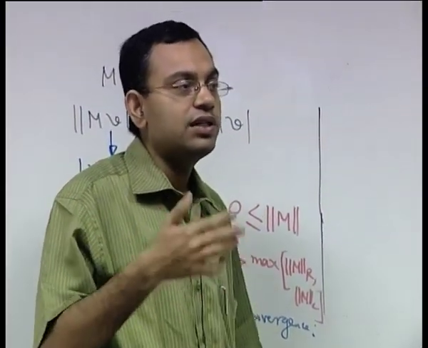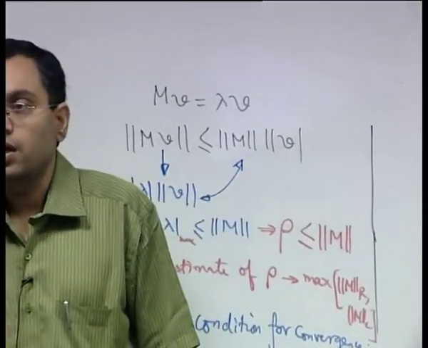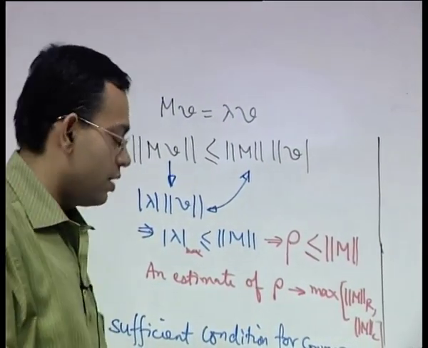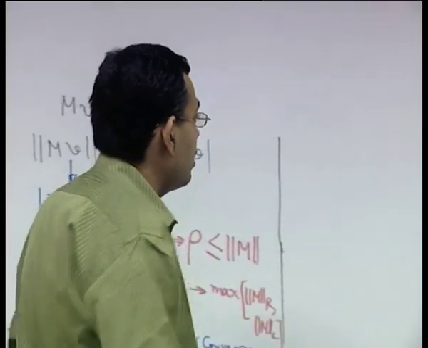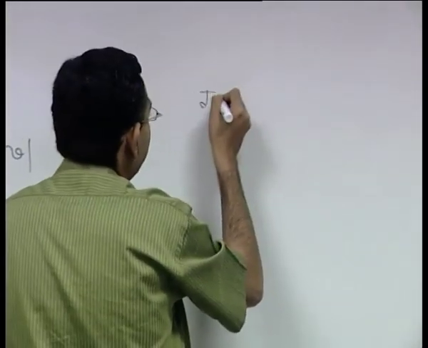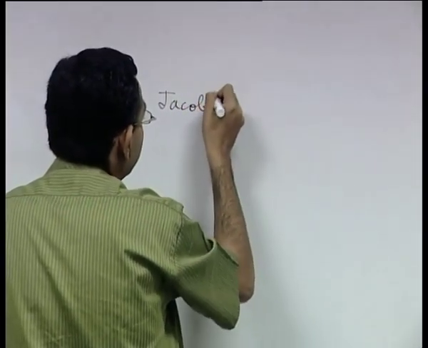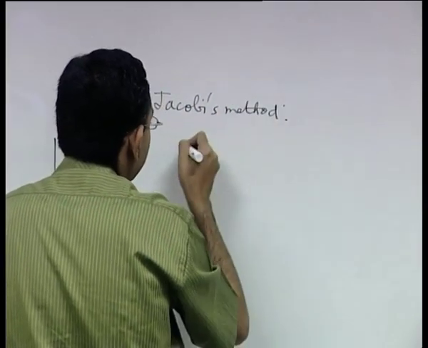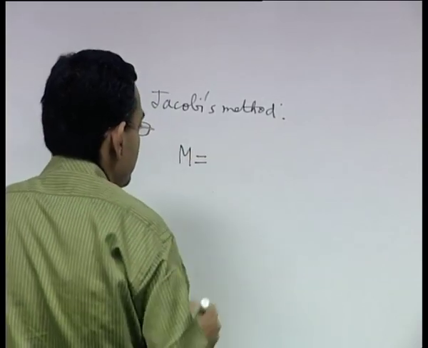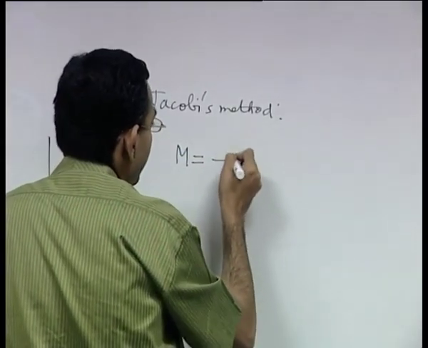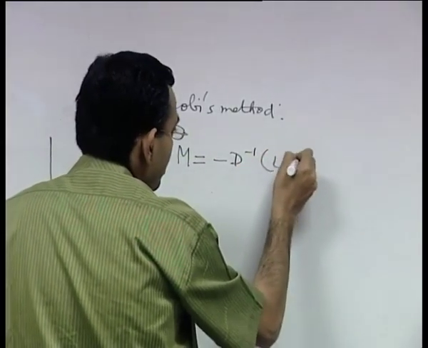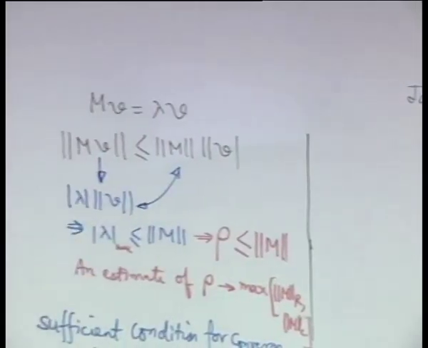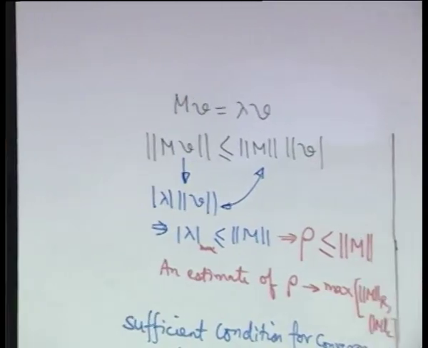So if it works for Jacobi in an efficient way, you expect that for Gauss-Seidel it will work in a more efficient way. Now for the Jacobi's method, what was M? Minus D inverse into L plus U. This was M for the Jacobi's method.